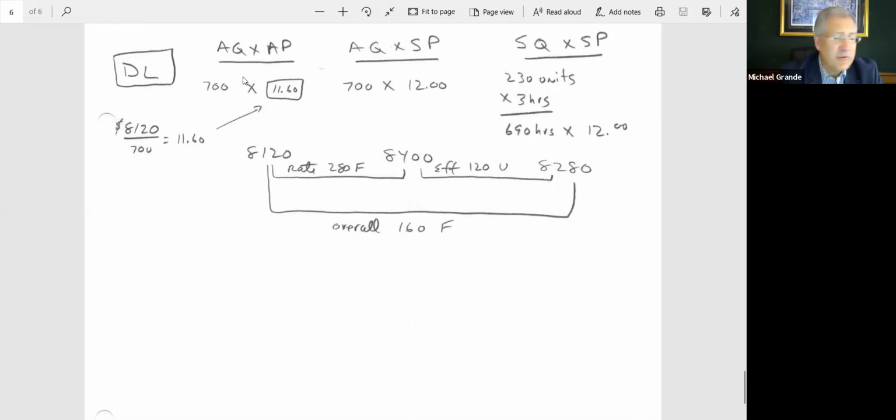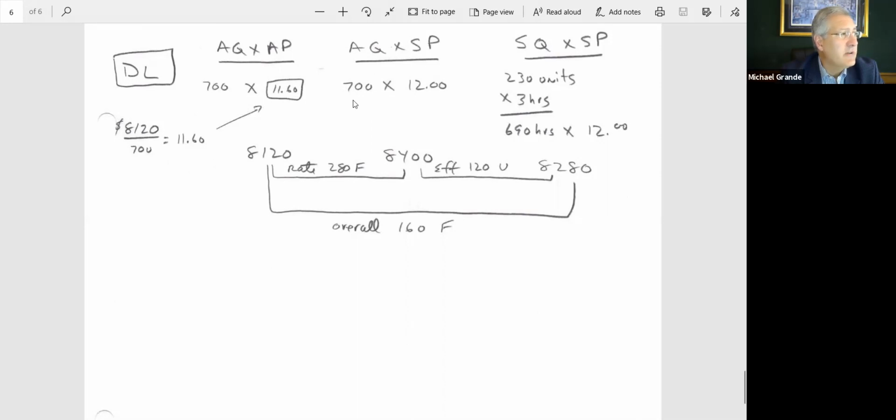Let's look at this actual a little closer. Actual quantity was 700 hours, total of 81.20. You can figure out that number in the box. They paid their employees $11.60 per hour. So we want to know the rate variance and the efficiency variance. Let's look at the rate or the price variance first. This middle number is the actual quantity times the standard price.